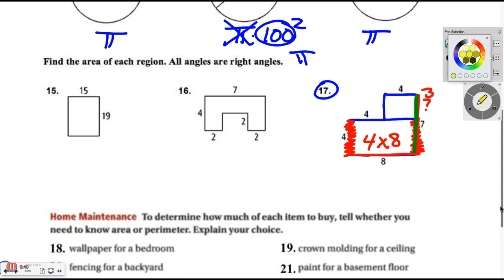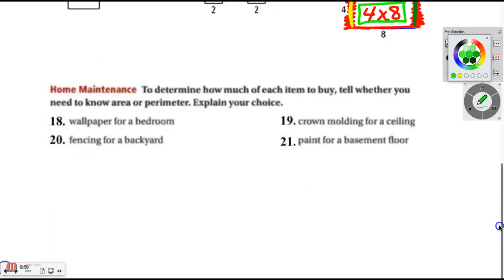I just want this piece. So I have to do 7 minus the 4. So I have 4 times 3 that goes right there. So to figure out the total area, you're going to do this one plus this one. And I'll let you take care of that.